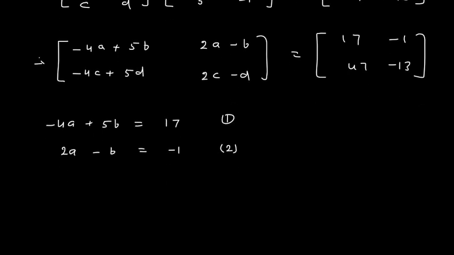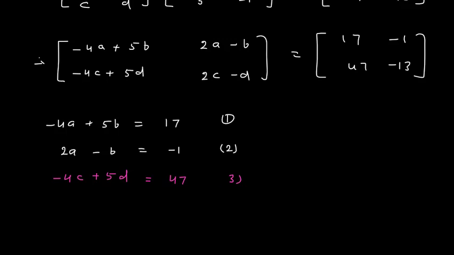Similarly we have -4c + 5d equal to 47, this is equation 3, and 2c - d equal to -13, this is equation 4.